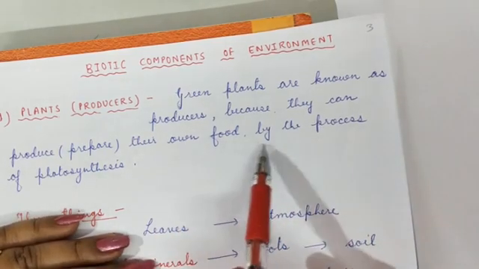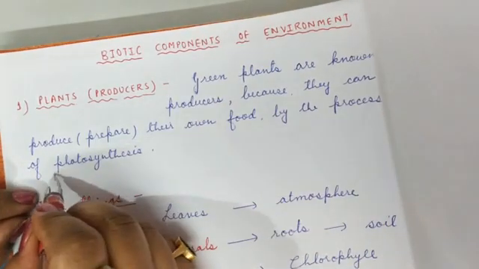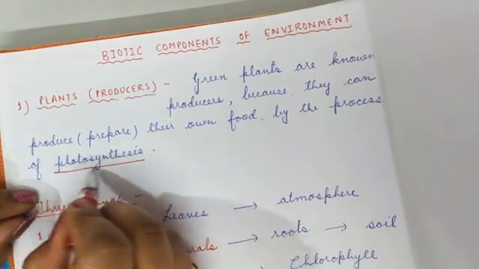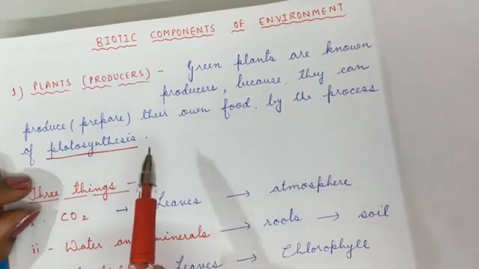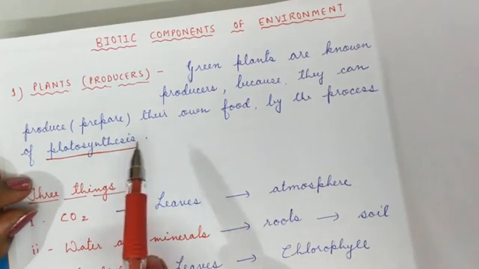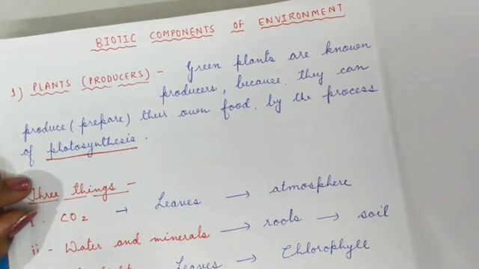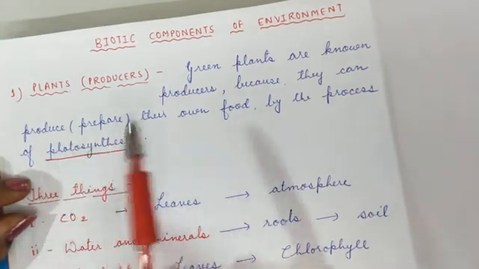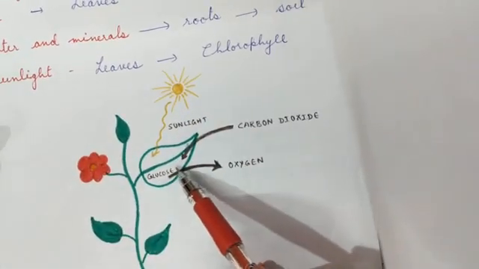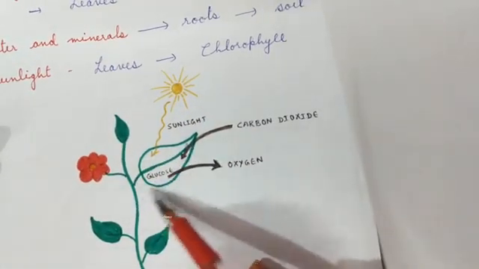How? By the process of photosynthesis. So photosynthesis is the process of preparing food by the green plants. And this process takes place in the leaves of the plants, green leaves.